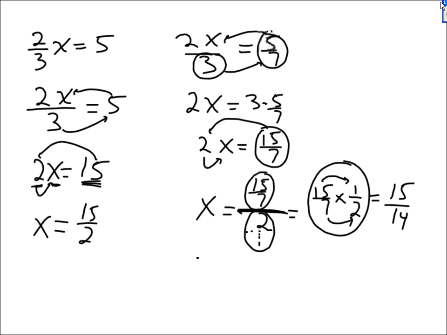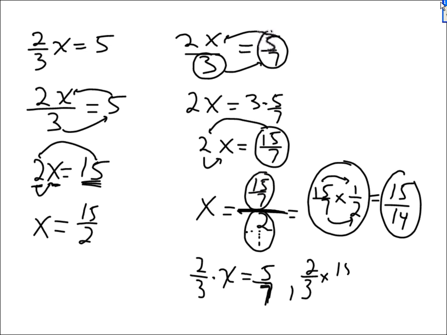So if somebody asks you 2/3 times what number gives you 5 over 7, in the next 10 seconds you should say, oh, I know that answer, 15 over 14. 2/3 times 15 over 14.